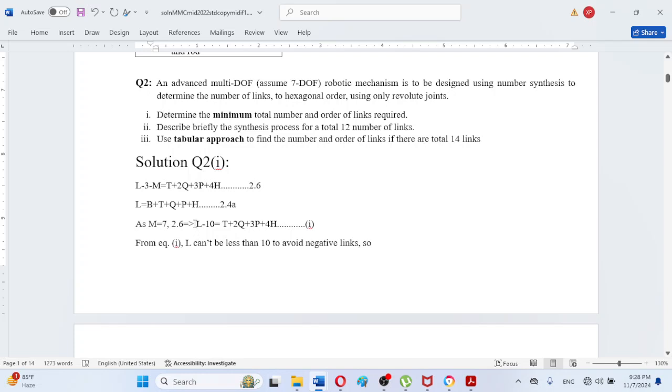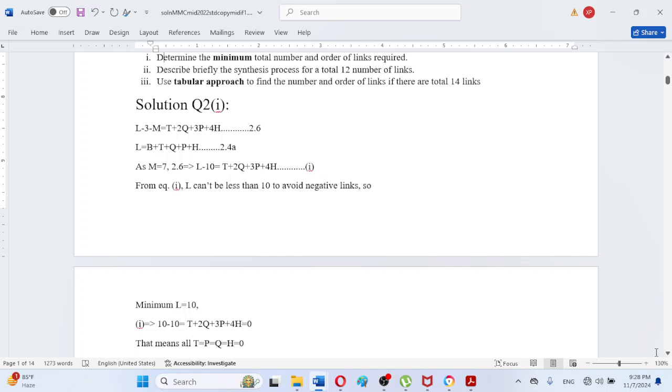In this equation, as we can observe from equation 1, L cannot be less than 10, because if, for example, L is equal to 9, that will be minus 1. That means negative links, because on the right hand side the links can never be negative. So this equation states that the minimum value of the number of links must be 10.